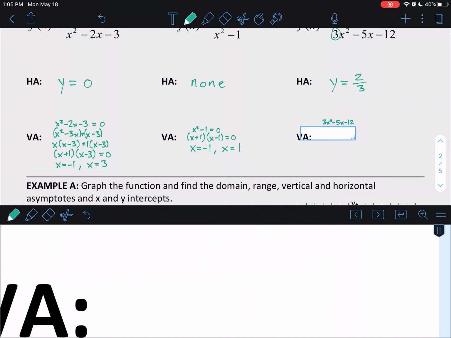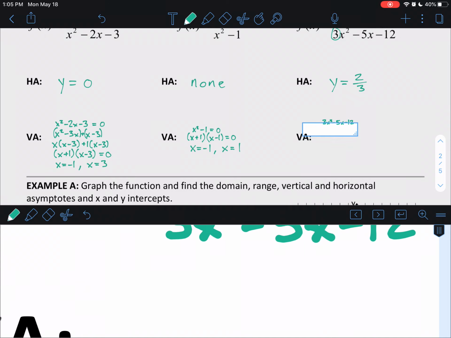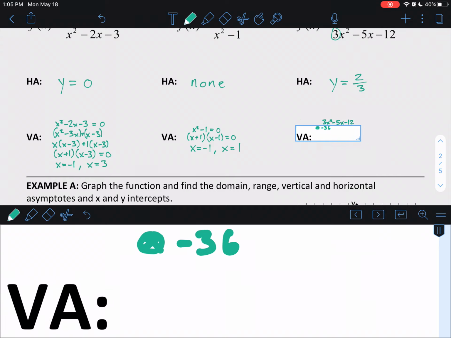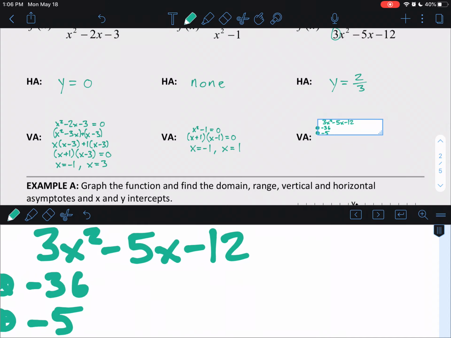That means I want to find two numbers that multiply to be 3 times negative 12, which is negative 36, but add to be negative 5. And those two numbers, I believe, are negative 9 and 4. Yeah, negative 9 and 4.